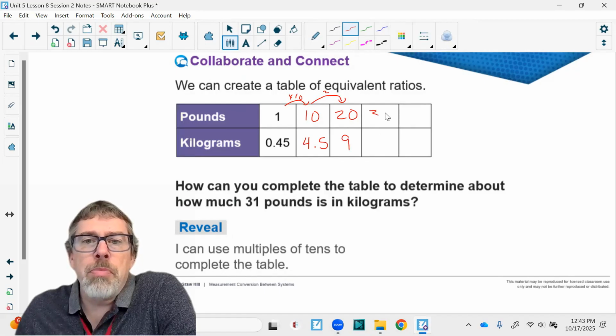If I increase that by 10, then these are being increased at even amounts, 10, 20, 30, 40, and this would be times 10, 9, 13.5, and 18 for 40.